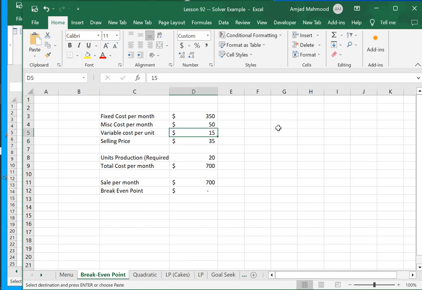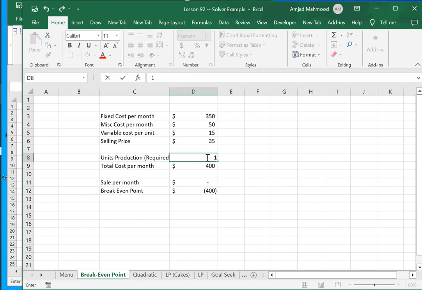When your cost is 15, of course, you would sell for something higher than 15. So that makes your total cost per month. If you just remove this, then 400 is your total cost per month, right? Now, as soon as you start selling one unit, 35 is the selling price, right?